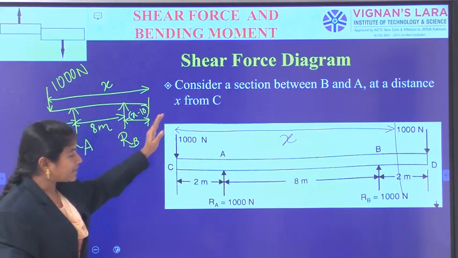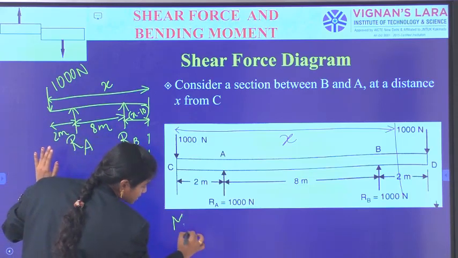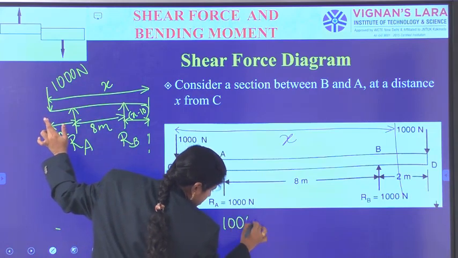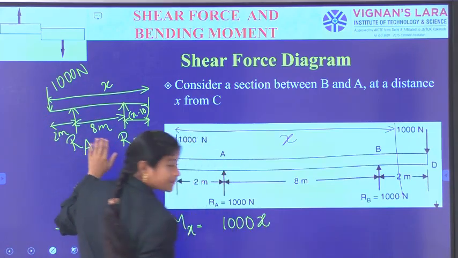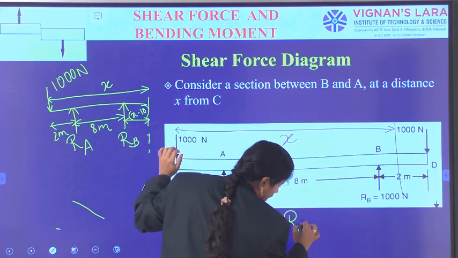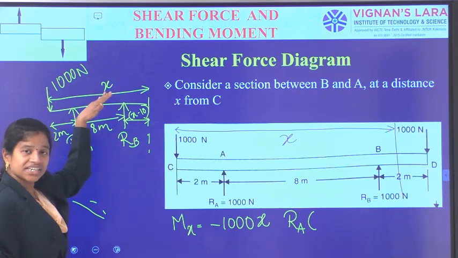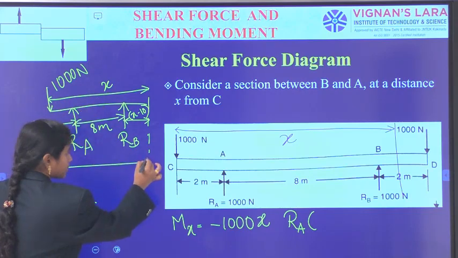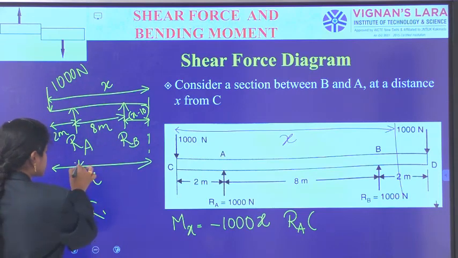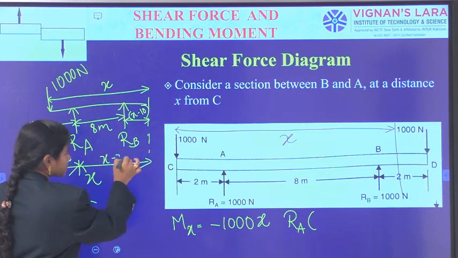Okay? And the corresponding Mx, shall we write the Mx answer? Now, Mx is equal to the force of 1000, which is at a perpendicular distance of x, and it is causing hogging type moment. And a force of RA, which is at a distance of... see here how much it is distant, as it is x, and this remaining distance, this is 2 meters, and this remaining distance is x minus 2.